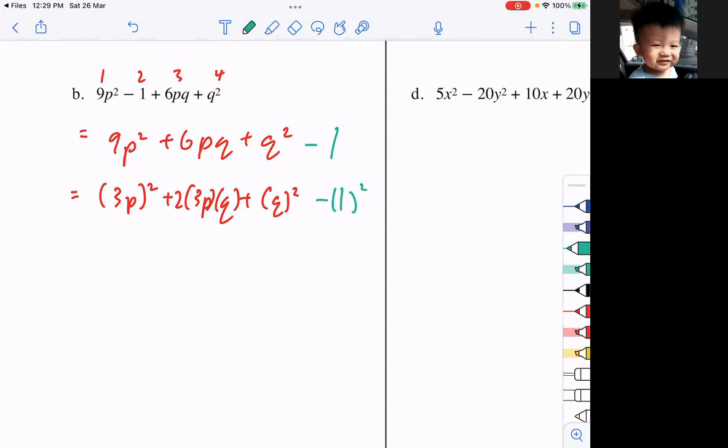Who can read me the factorized red color stuff? This is the hint. Who can read me the factorization of the red stuff? Wait, 3p is a, right? 3p minus q squared.